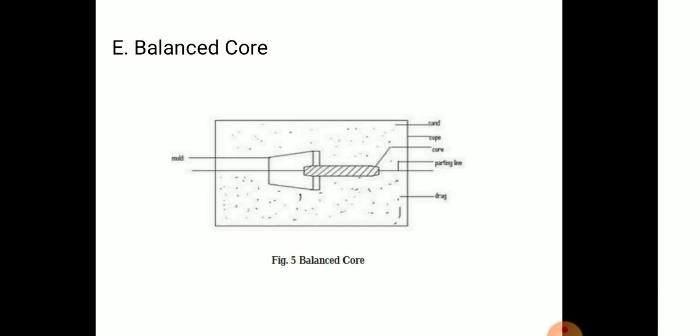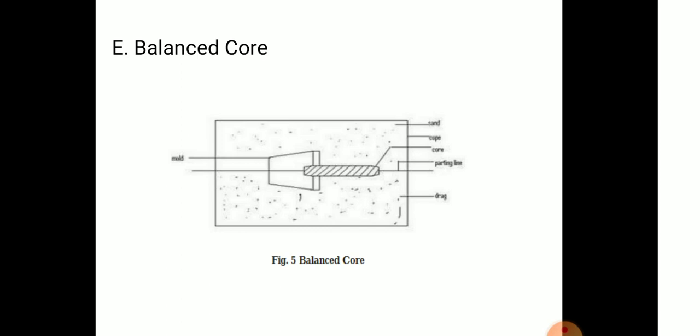Next is the balance core. In the figure, first the mold, core, sand, cope, parting line and drag. A balance core is one which is supported and balanced from its one end only. So it needs only one core print, but it is large enough to give a proper bearing for the core.